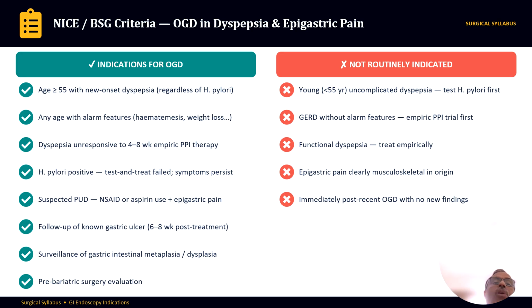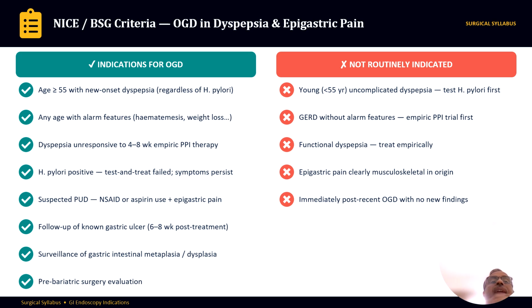For follow-up of a known gastric ulcer, upper GI endoscopy should be done 6 to 8 weeks post-treatment. Any surveillance of gastric intestinal metaplastic features or dysplasia should undergo regular periodic OGDS, and as a pre-bariatric surgery evaluation, OGDS is a must.